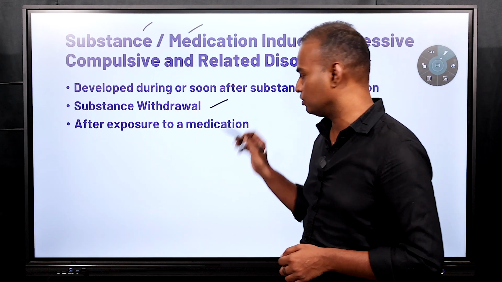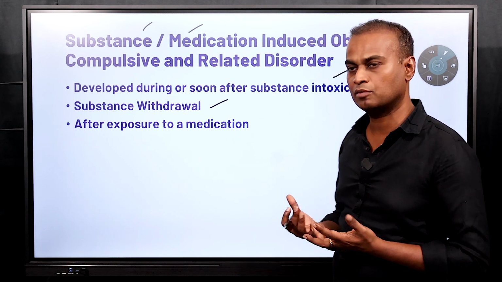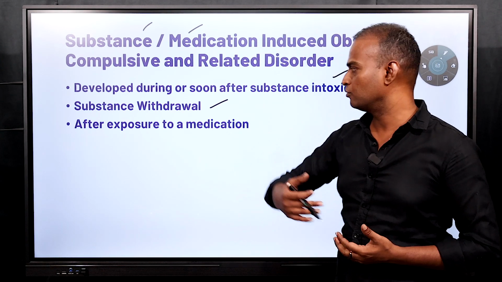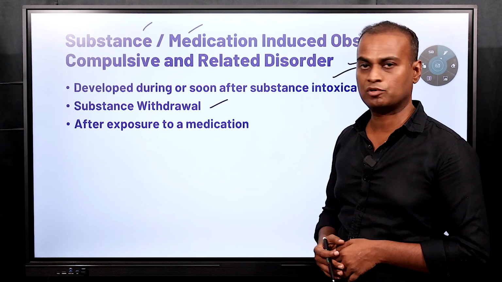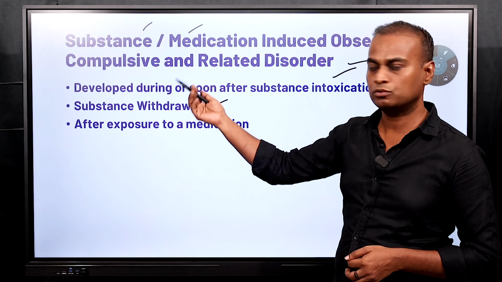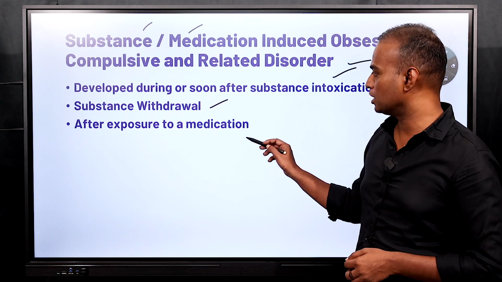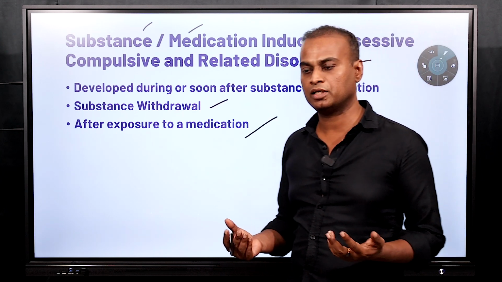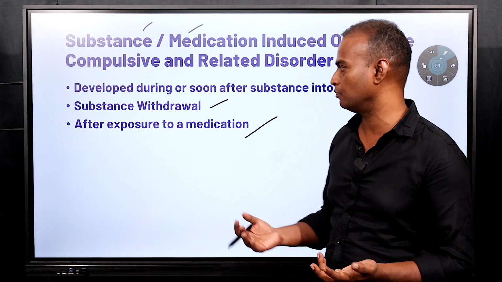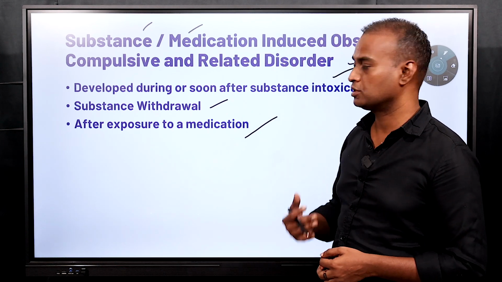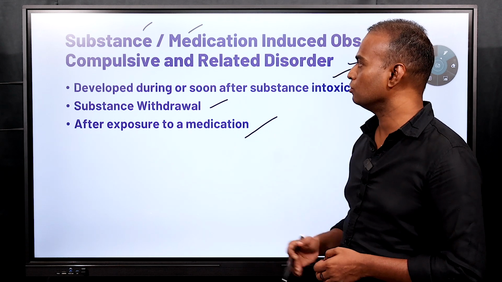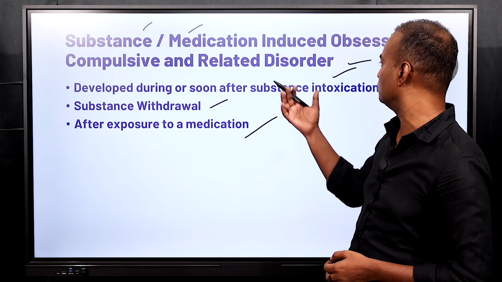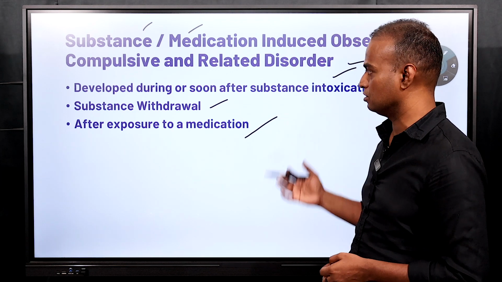Also substance withdrawal: you are taking a particular medication, drug or alcohol for a long time, and you suddenly stop it, and you go into these obsessions and compulsions due to withdrawal. And also exposure to medication: you are suffering from a disease, the doctor gave some medication, and you started having obsessions and compulsions as a side effect of that medicine. That is also considered substance or medication induced obsessive compulsive and related disorders.